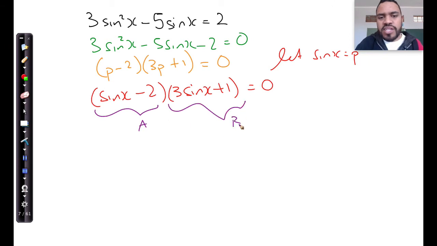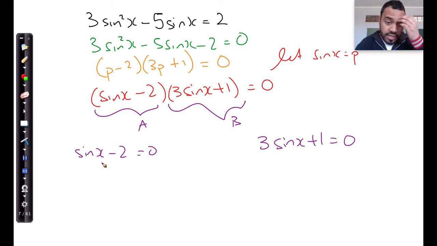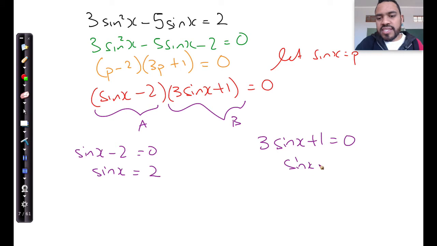And I'm going to separate each of them now. I'm going to say sine x minus 2 is equal to 0. And on this side, I'm going to say 3 sine of x plus 1 equals 0. This is going to tell me that sine x is equal to 2. And this thing over here is going to tell me that sine x is equal to minus 1 over 3.